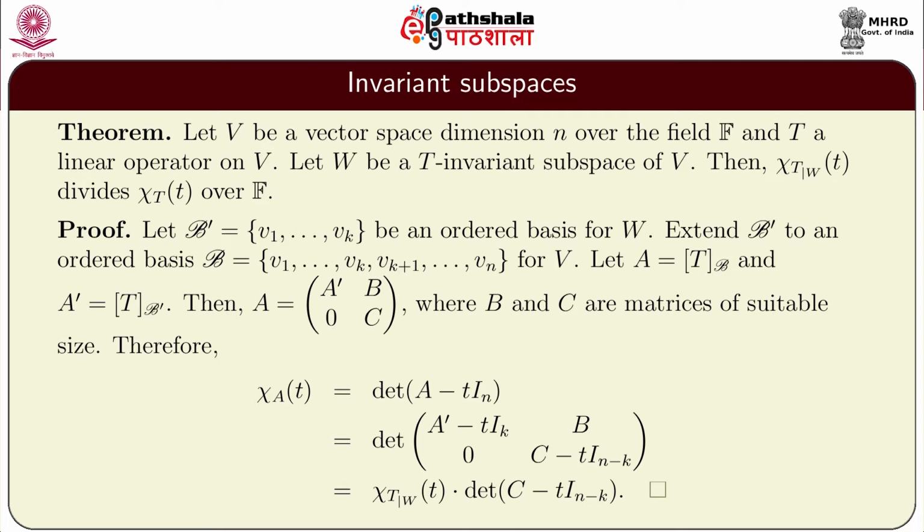Therefore, the characteristic polynomial of A, which is chi A of t, is the determinant of A minus t I n, and that is the determinant of the block matrix A dash minus t I k, B, 0, C minus t I n minus k.